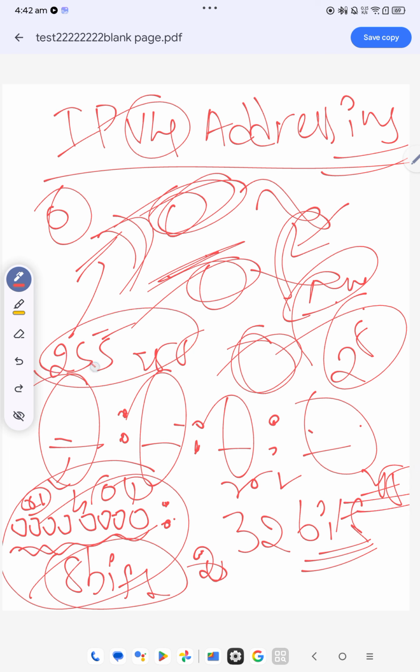For example 255.0.0.0, 255.0.1.1, 255.0.2.1, like that we can fill these numbers. So how many IPv4 addresses can we have? Approximately 4.3 billion.